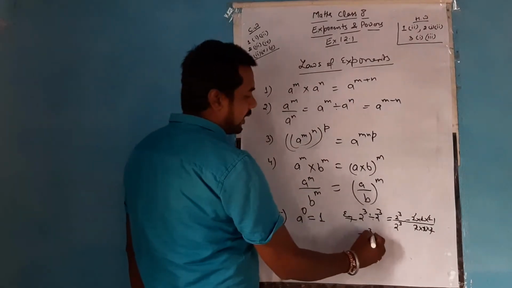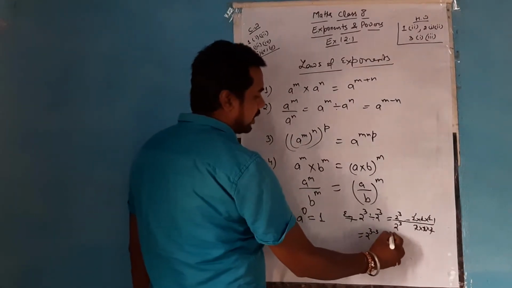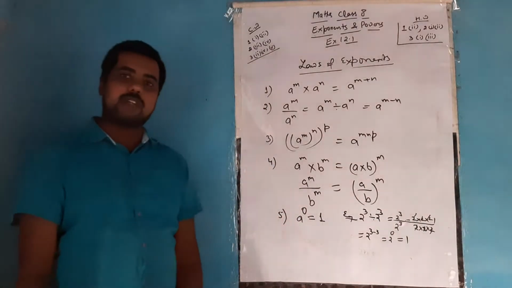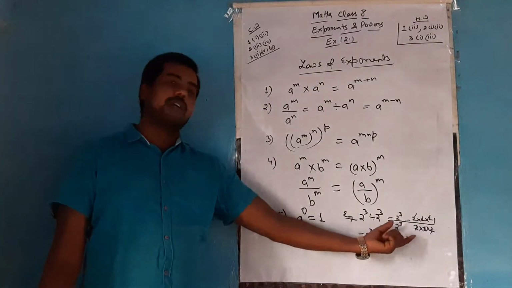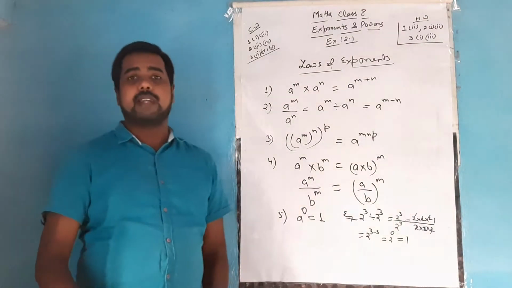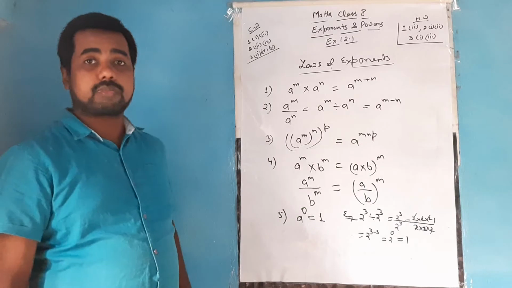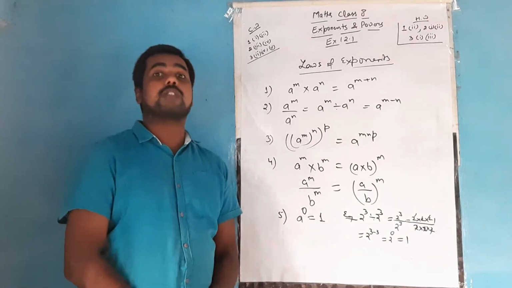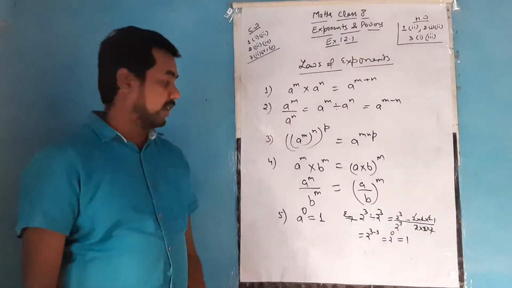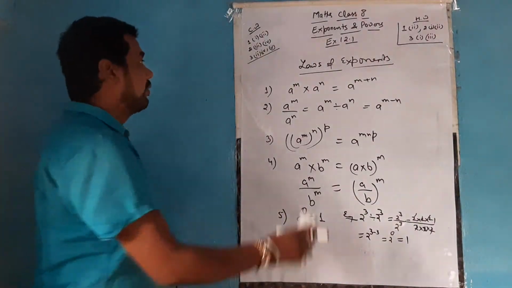And here when you apply the law, 3 minus 3, that becomes 2 power 0, and after simplification we got the value as 1. It means any number to the power 0 is always 1. Always remember, any number to the power 0. 0 to the power 0 is not defined, but any number to the power 0 is always 1. So this is the fifth law.